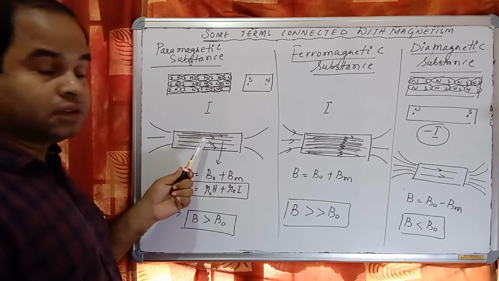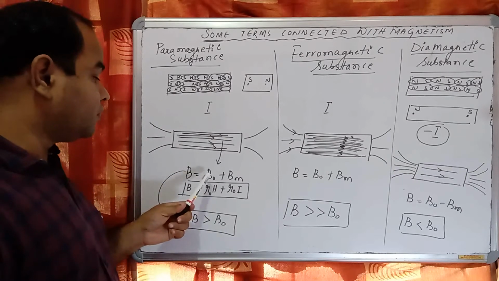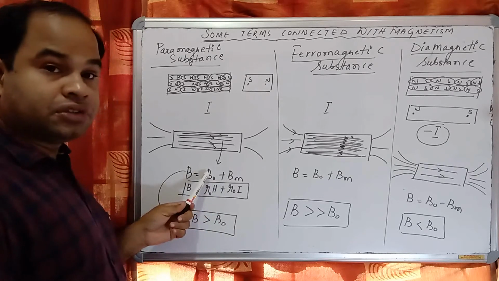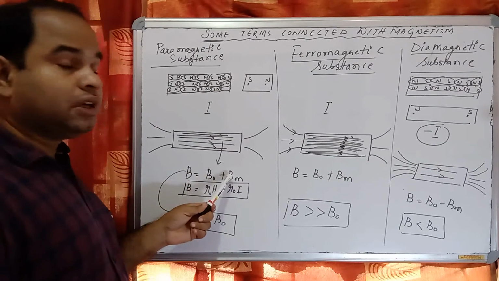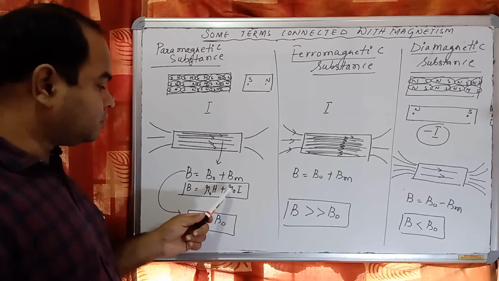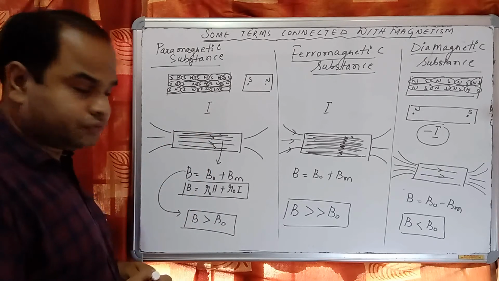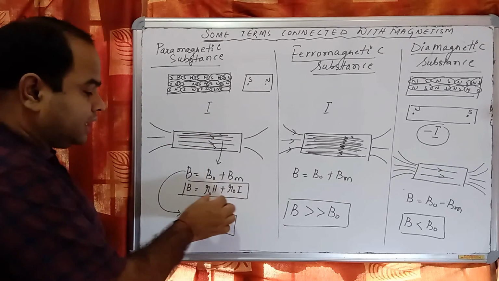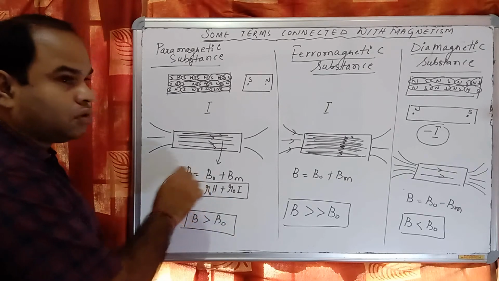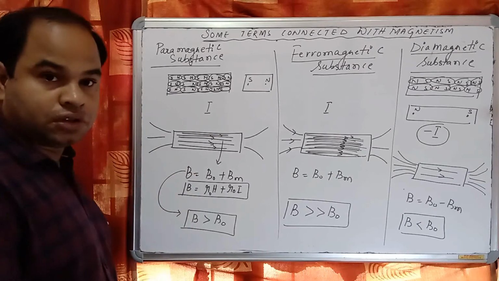So inside, the magnetic field strength is the sum of external plus induced, that is B is equal to mu naught into H plus mu naught into I. Since I is positive, B is greater than B naught.